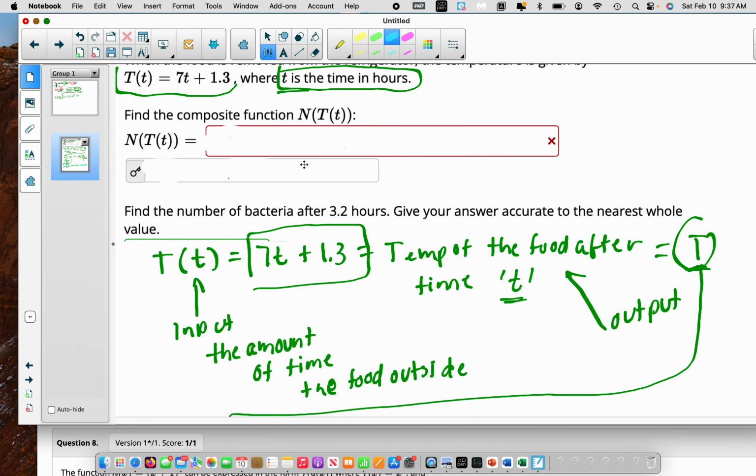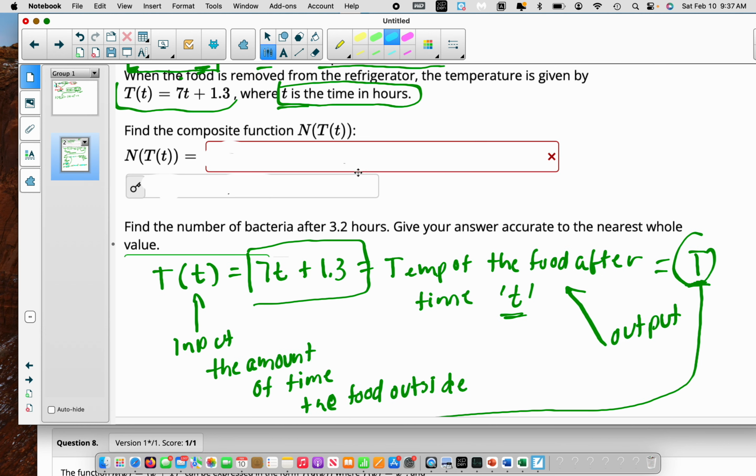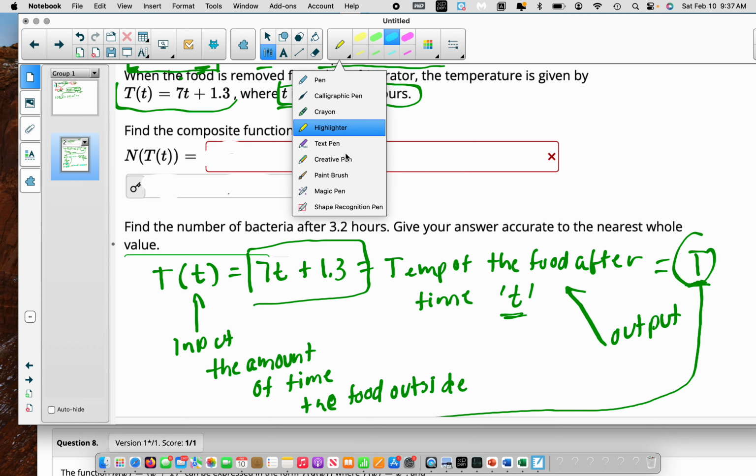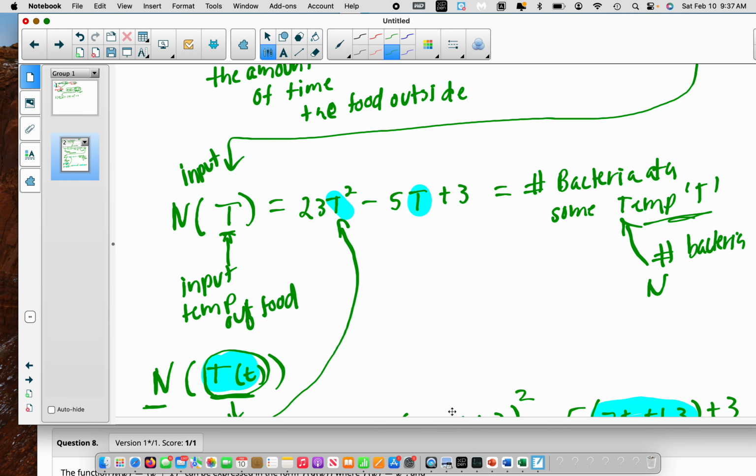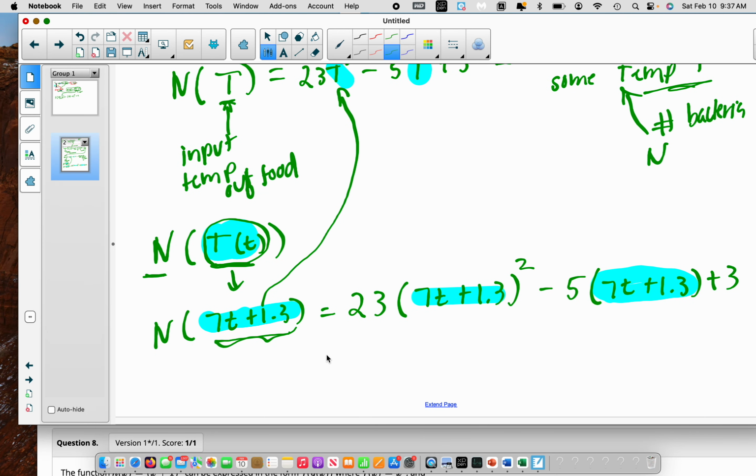And then the last part of the question said, find the number of bacteria after 3.2 hours. Well, this 3.2 hours is my little t, time in hours. So I can just input 3.2 everywhere I see little t down here, all right?